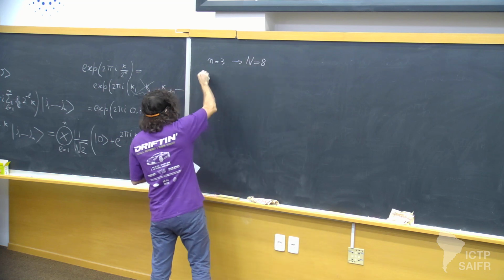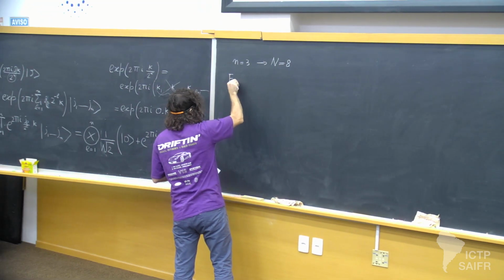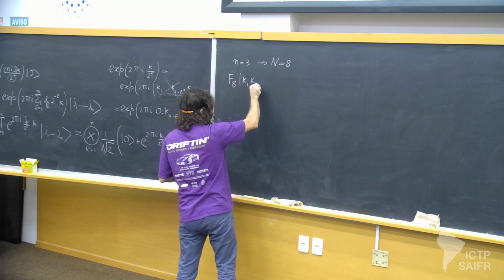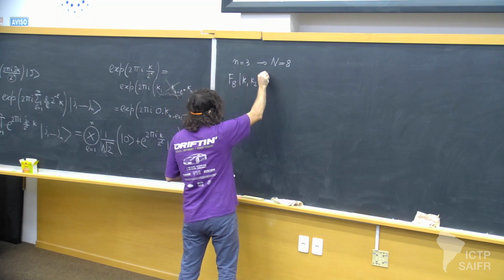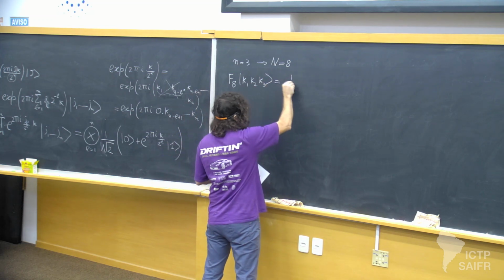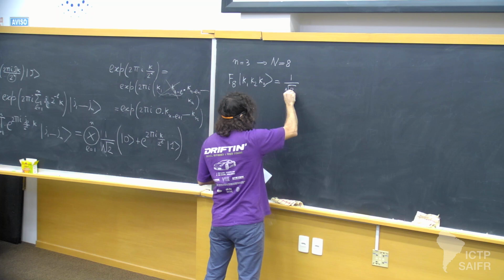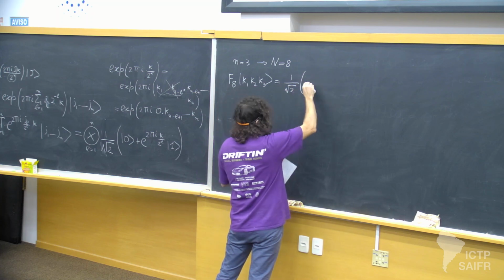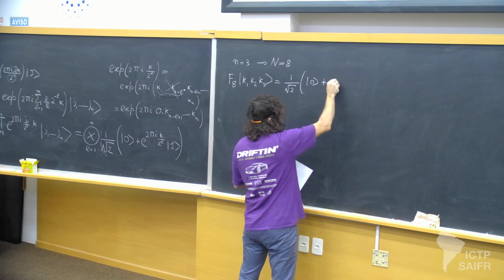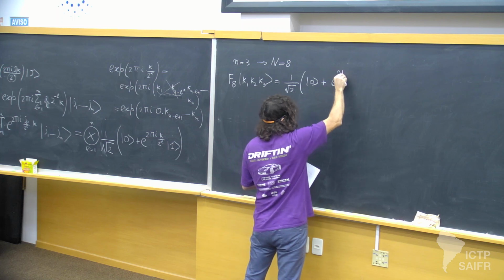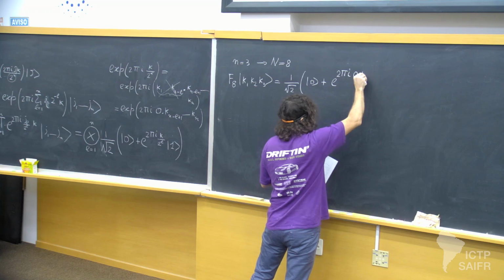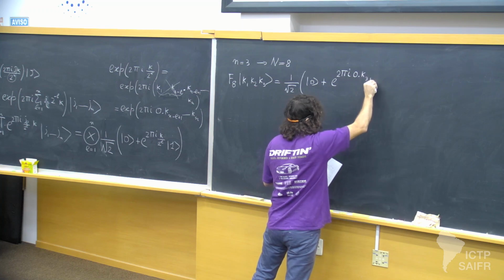So we know that F8 acting on k1, k2, and k3, using this formula, becomes 1 over square root of 2, 0 plus e to the 2 pi i 0 dot k3 acting on 1.